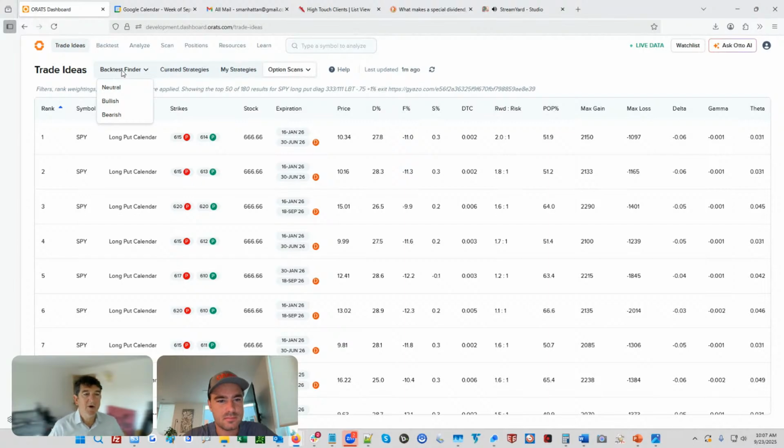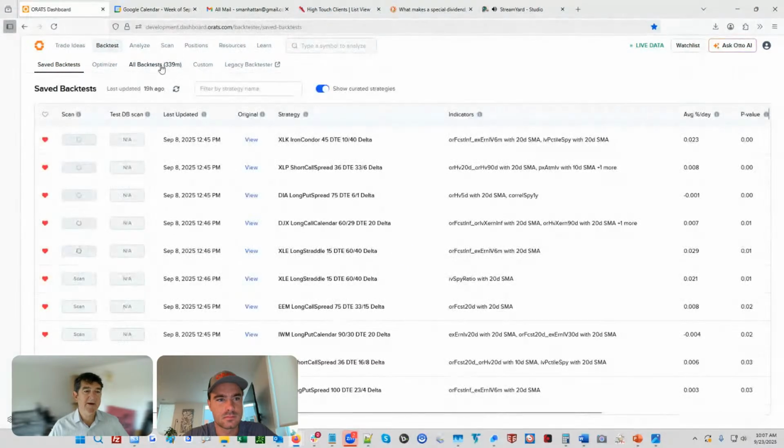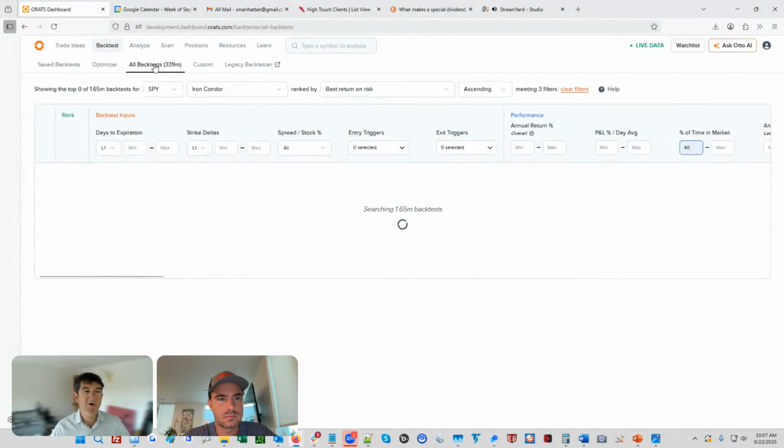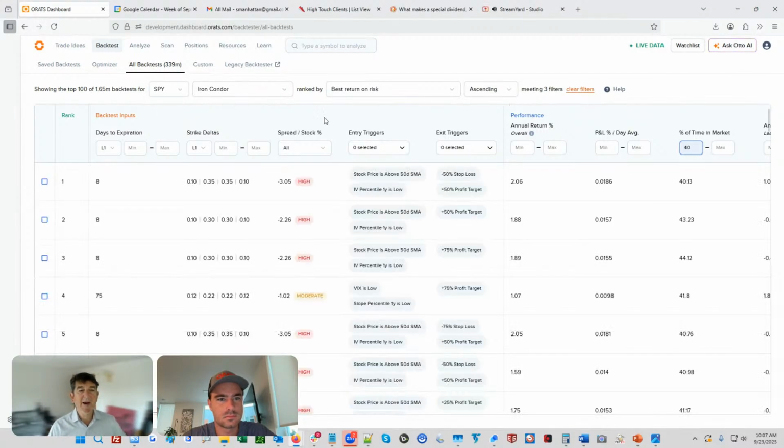Right. So there is a backtest finder under the backtest tab. So I could go into the backtest tab. I have some saved backtests, but here are all the backtests. We call it the backtest finder because you could sort through percent of time in the market, annual return, what it's ranked by.